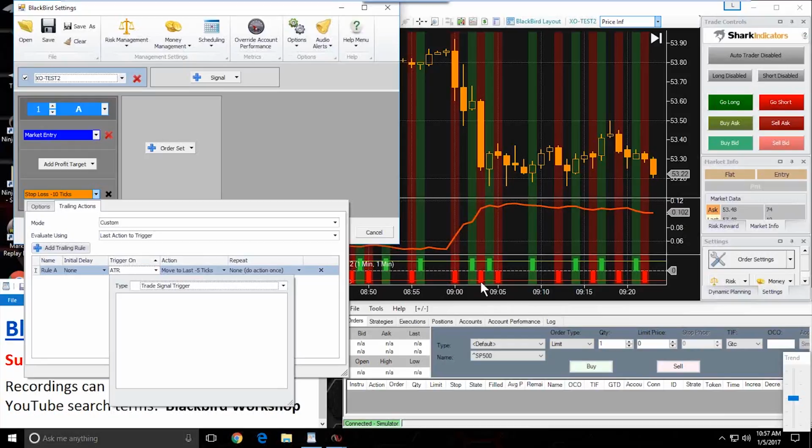Maybe you use these short trade signals to, again, tighten up your stop loss. Whatever you can come up with as a way of using these additional trade signals. The one at 9 a.m. gets you into the trade, and the short trade signals afterwards could be used as trigger events in your trailing rules, right?